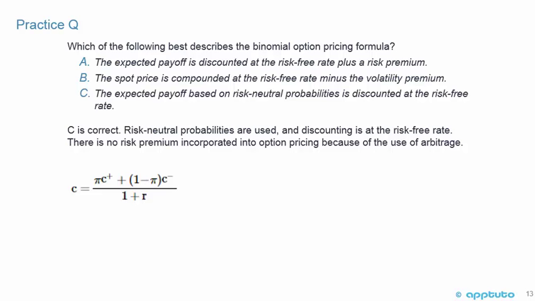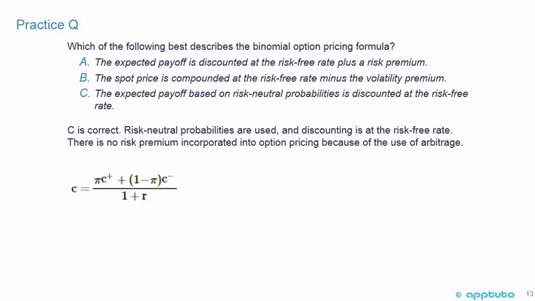The expected payoff based on risk-neutral probabilities is discounted, or divided, by 1 plus the risk-free rate, okay? So C is correct: risk-neutral probabilities are used, and discounting is at the risk-free rate. There is no risk premium incorporated into option pricing because of the use of arbitrage.